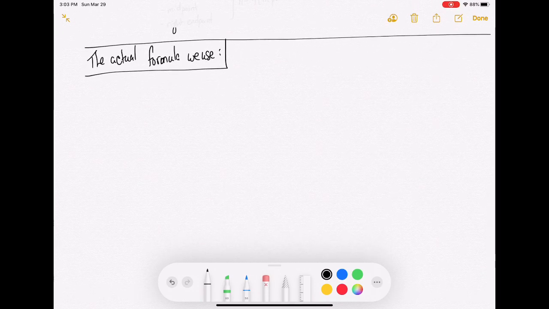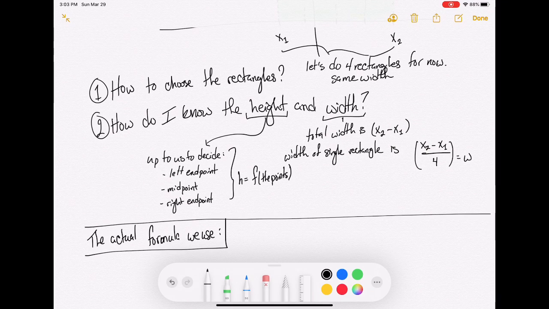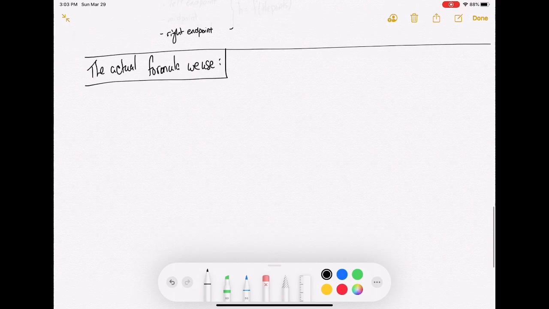A problem is going to say, this word 4 that I used, let's do 4 rectangles of the same width. The problems are going to say something along the lines of n subintervals.